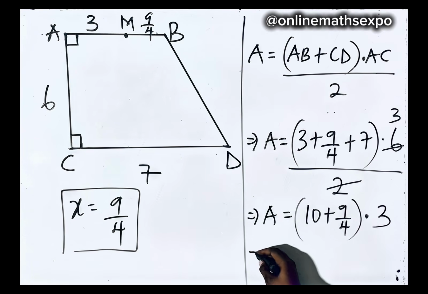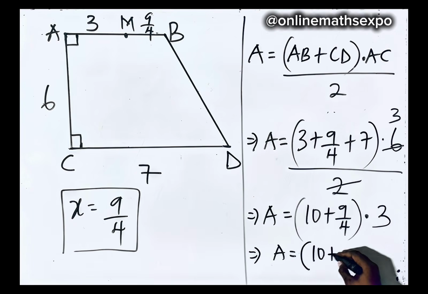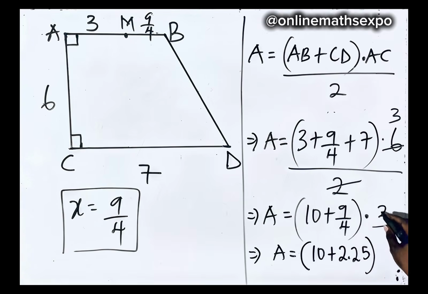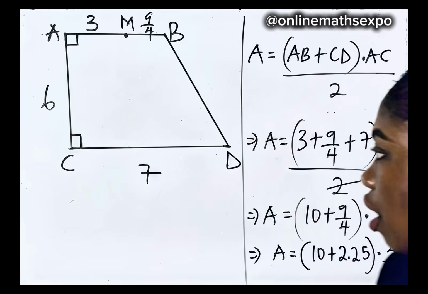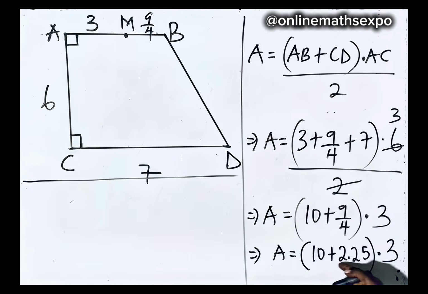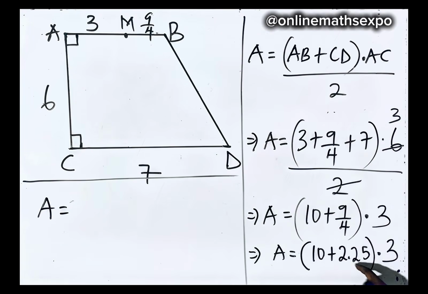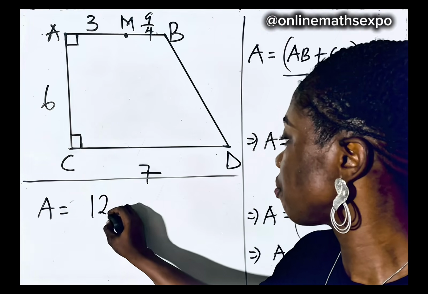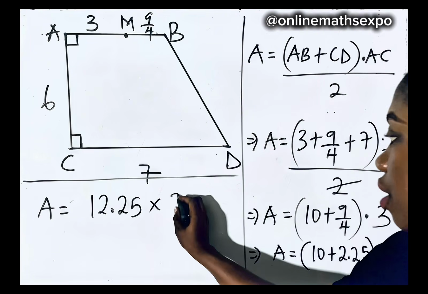Simplify this, we are going to have area is equal to 10 plus 9 quarters, which gives us 12.25, to be multiplied by 3.